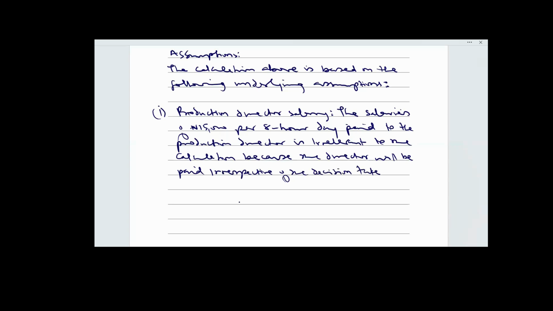Okay? Whether you build this engine or not, you must pay the production director. So that's not relevant. Let's move to the second point.